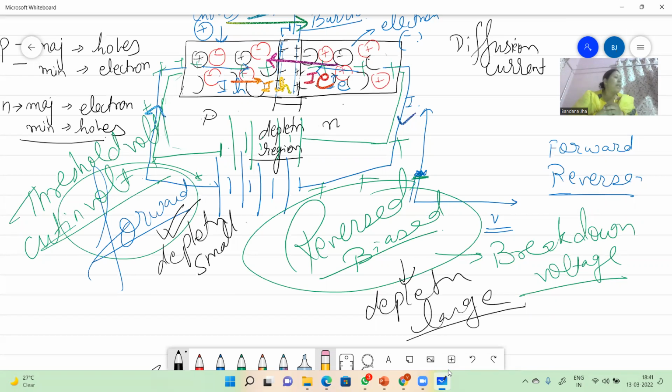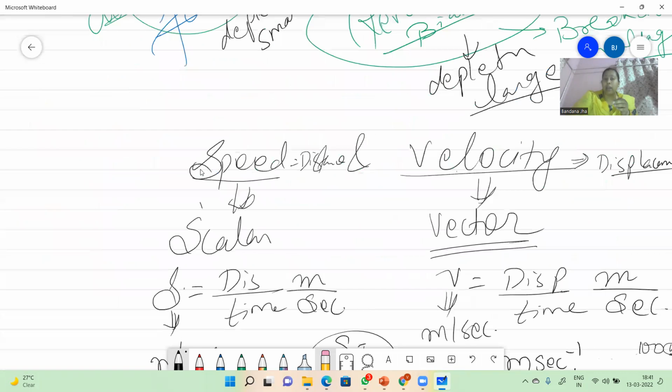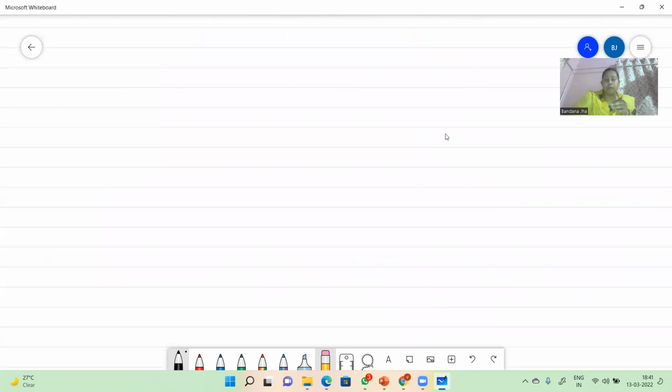Now, the current that we are using in our mobile phone, that type of current is what? AC or DC current? Obviously DC current, because DC is what?